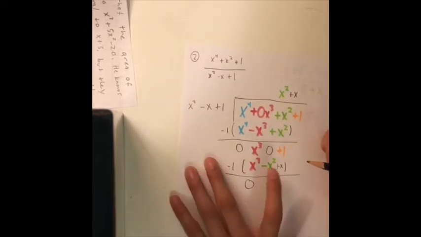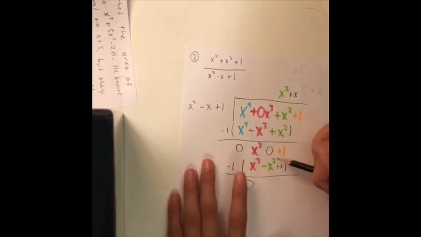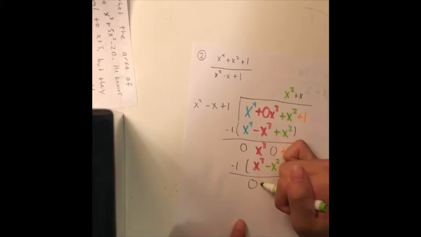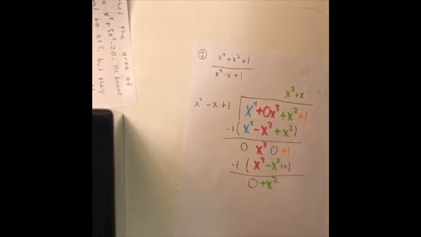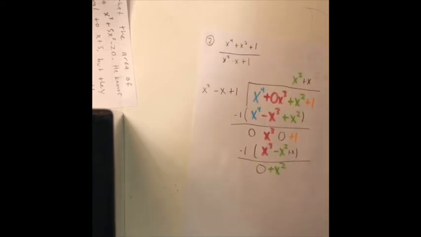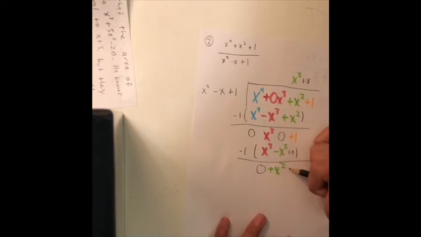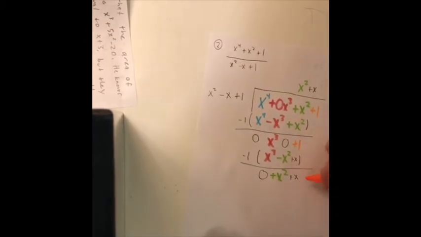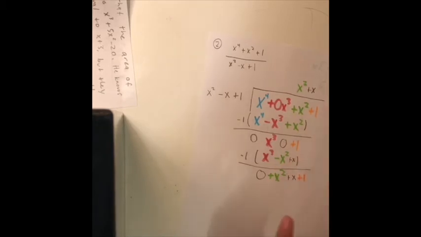So -1 times x squared is x squared plus 0 is x squared. And you can't add, and this is just 1 plus x. So plus x plus 1.